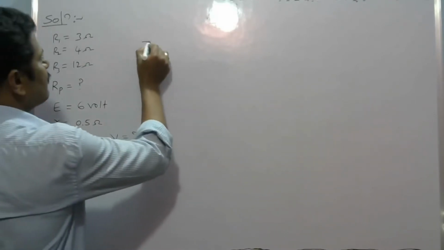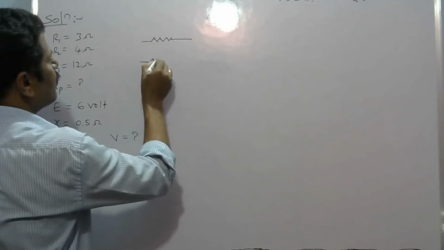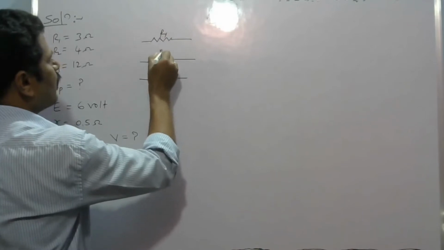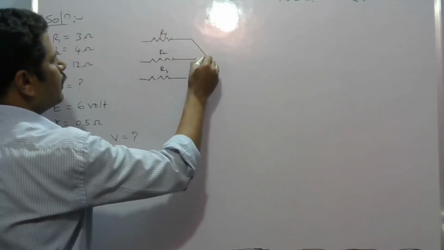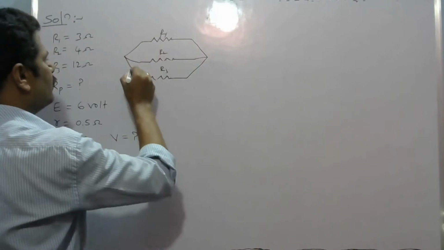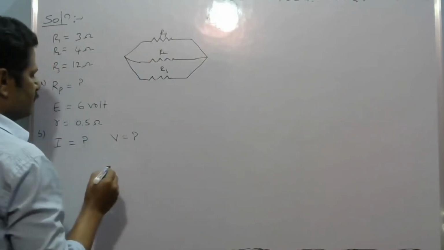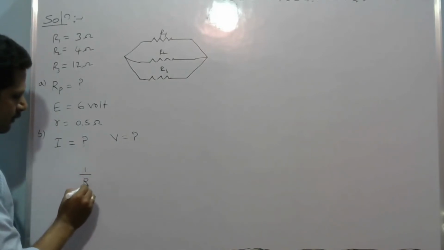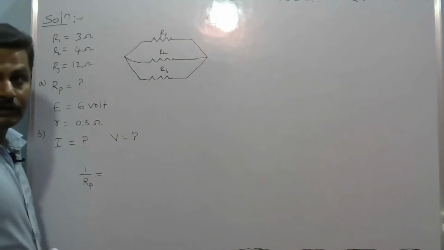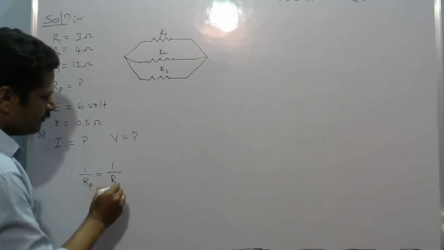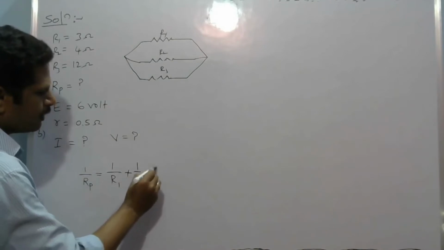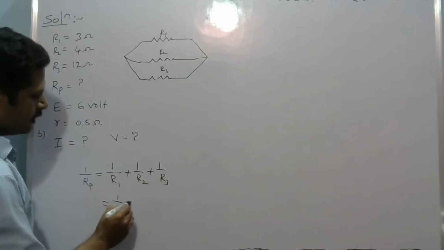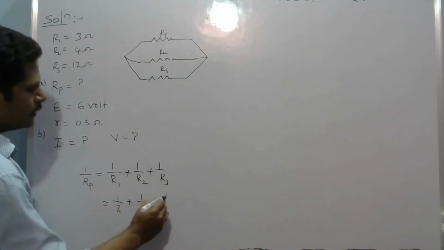So here there are three resistors, R1, R2 and R3, connected in parallel. We need to find out the effective resistance. We know that whenever three resistors are connected in parallel, the reciprocal of the effective resistance is equal to the sum of the reciprocals of individual resistances, that is 1 by R1 plus 1 by R2 plus 1 by R3. Substituting the values, R1 is 3, R2 is 4, and R3 is 12.